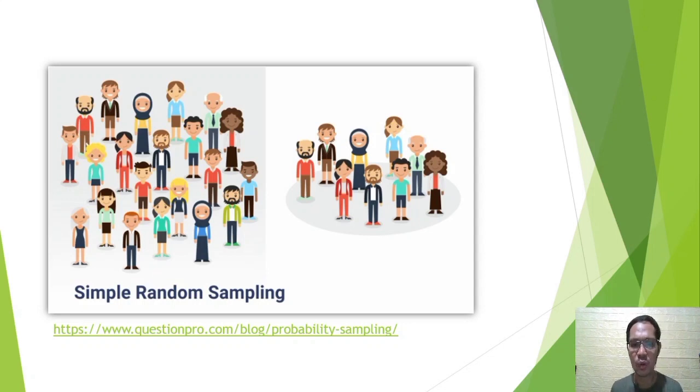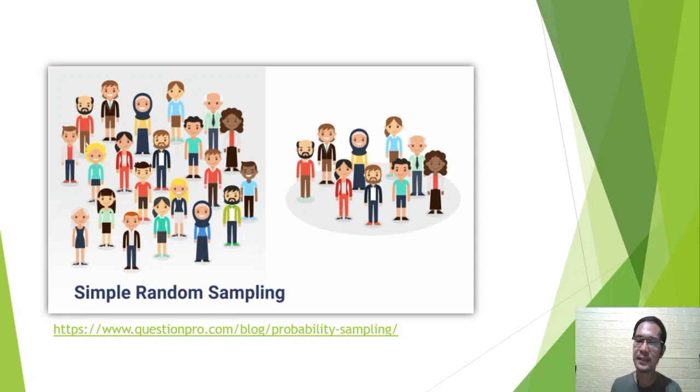In order to collect a simple random sample, each unit of the target population is assigned a number. A set of random numbers is then generated, and the units having those numbers are included in the sample.